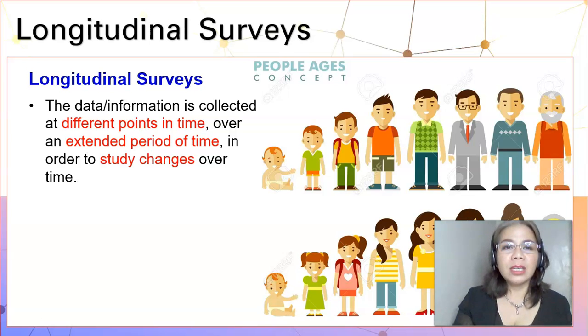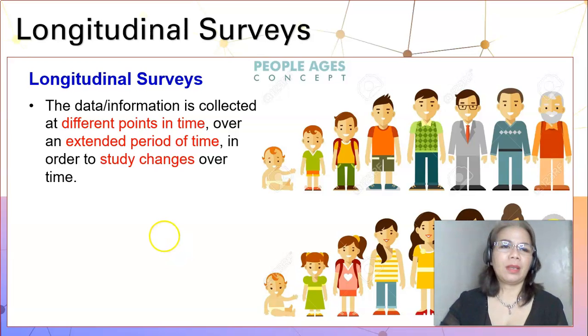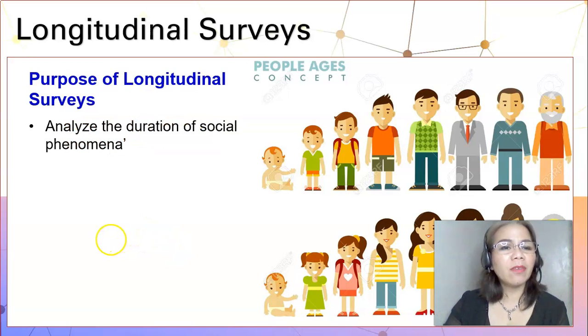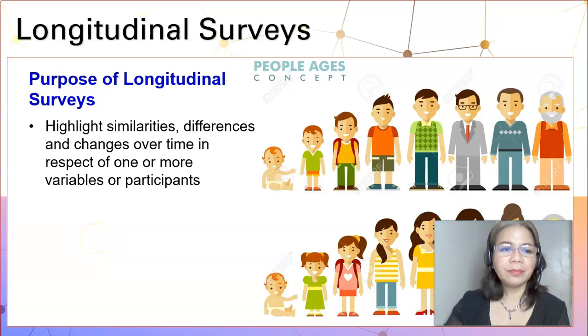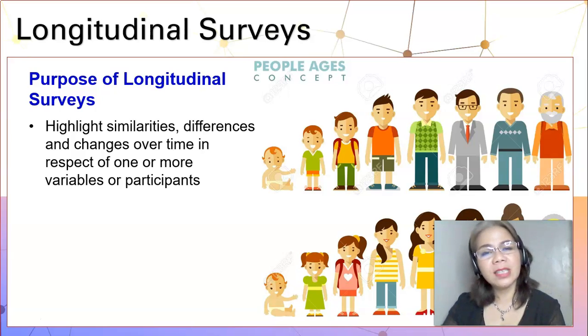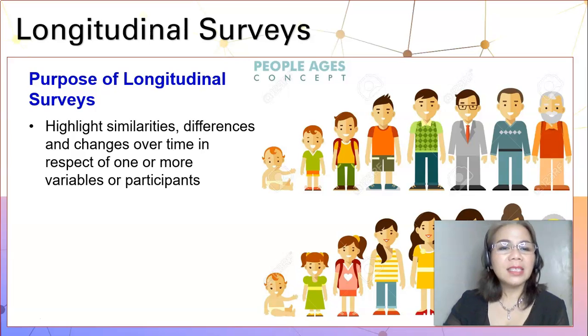But in longitudinal study, we collect the data over time. And the purpose of longitudinal study is to analyze the duration of social phenomena. And it also highlights the similarities, the differences, and the changes over time regarding a particular target population or target sample.